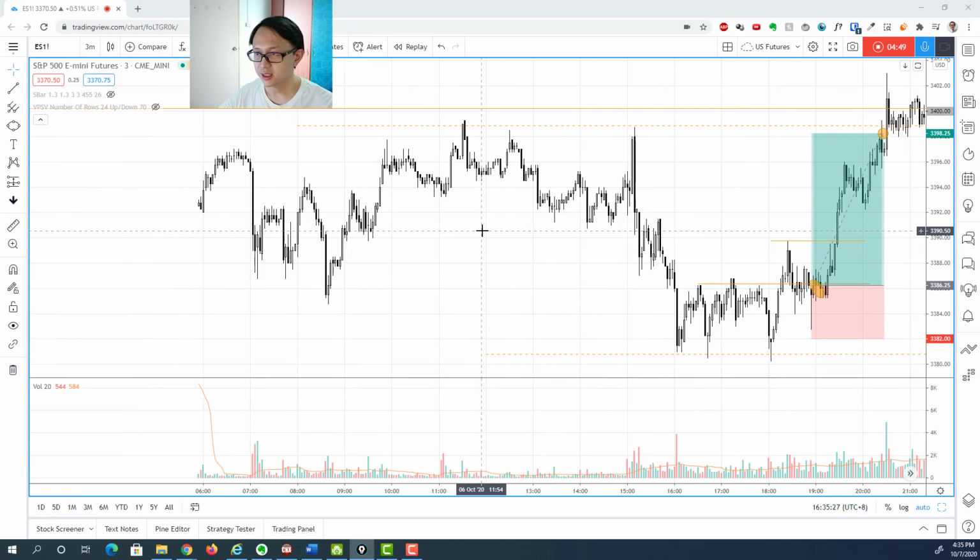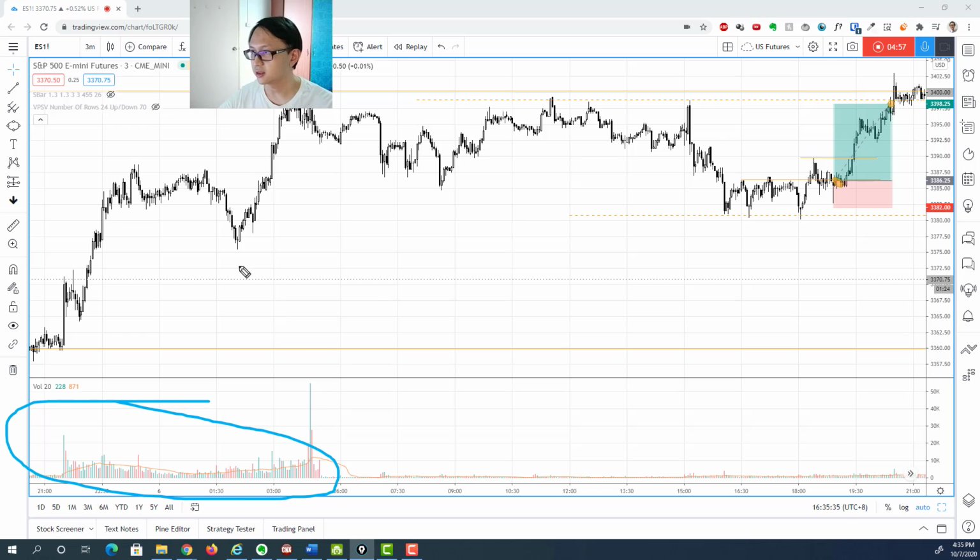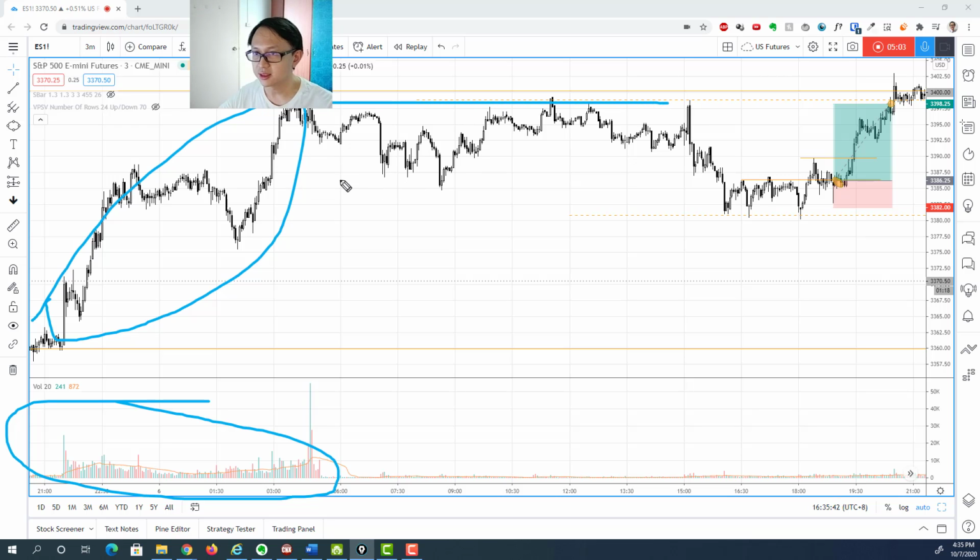So in this case, let me just give you the whole context by zooming out here. That's the previous day session, as you can see in this active volume, and we have a rally up followed by this kind of consolidation, horizontal type of movement.